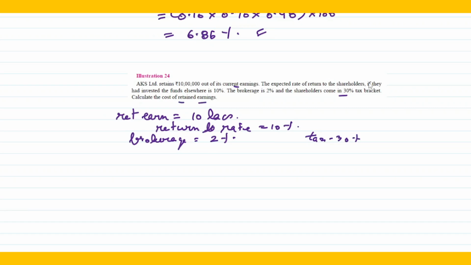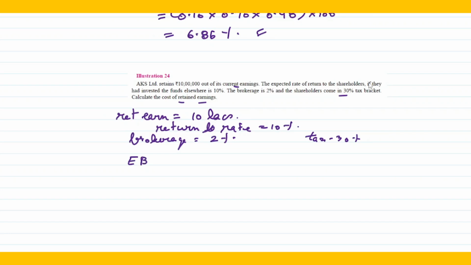How do you calculate the cost of retained earnings? Please understand, the return rate is 10%, and the capital given to you is 10 lakh rupees. What are the earnings here?